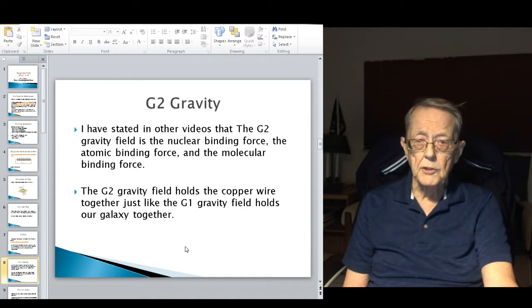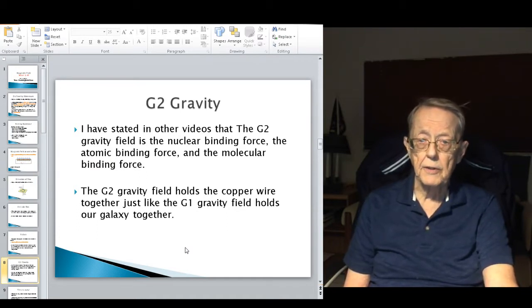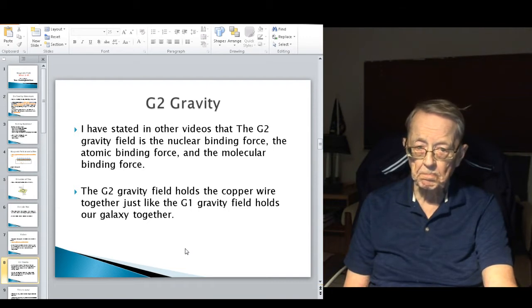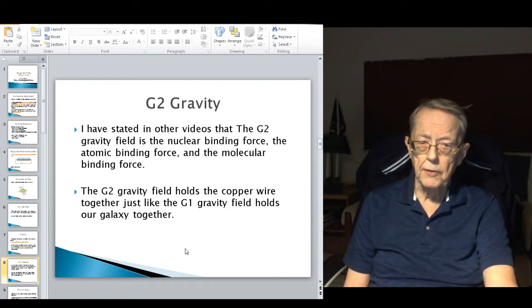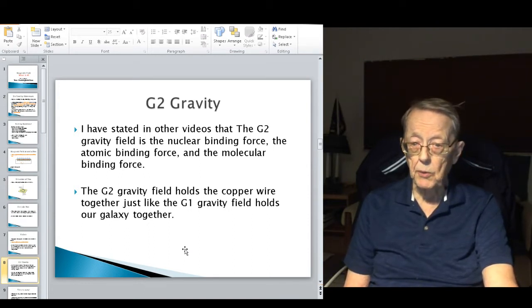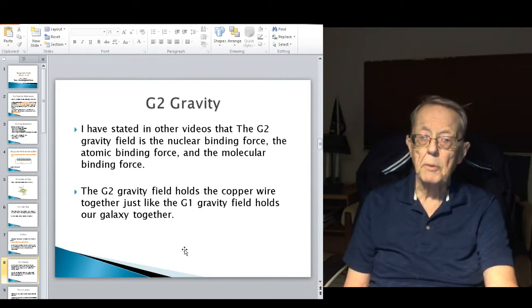Now, I have stated in other videos that the G2 gravity field is a nuclear binding force, the atomic binding force, and the molecular binding force. So the G2 gravity field holds the copper wire together just like the G1 gravity field holds our galaxy together. So we have a G2 force around and through the copper wire holding it together.